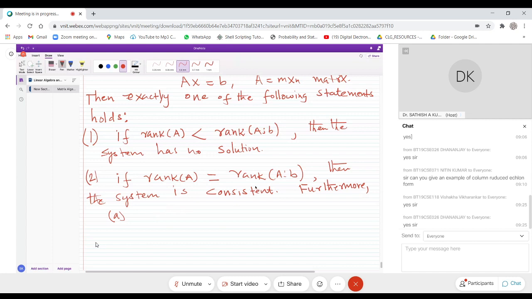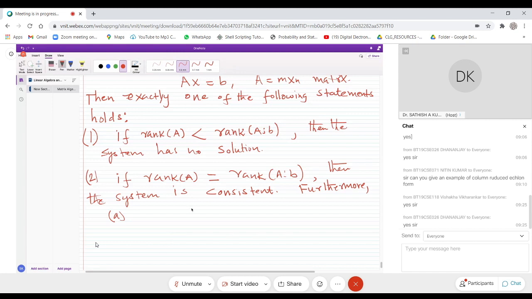Let us say the maximum rank will be n, for an m by n matrix. If the rank is n, then the system will have a unique solution. If the rank is less than n, then it may have an infinite number of solutions.